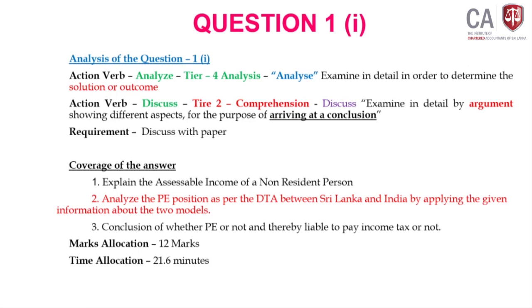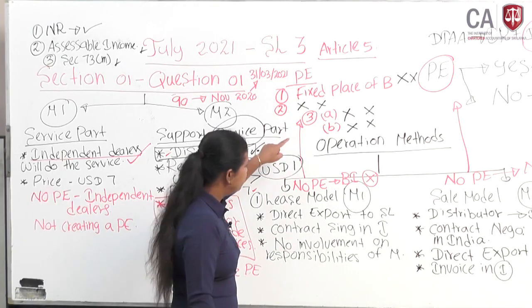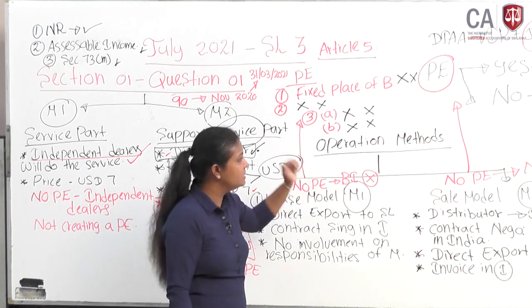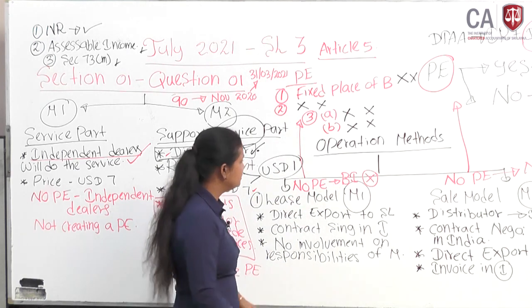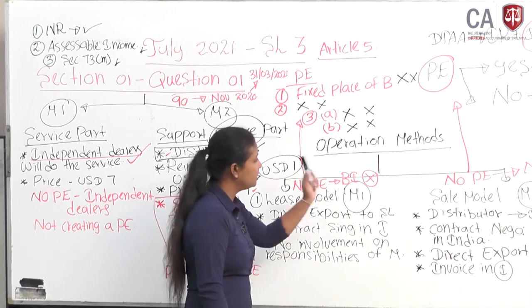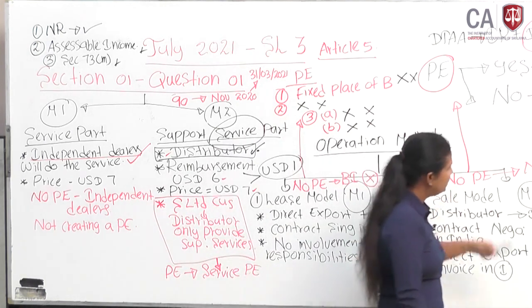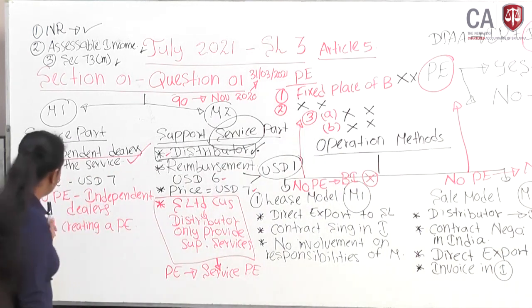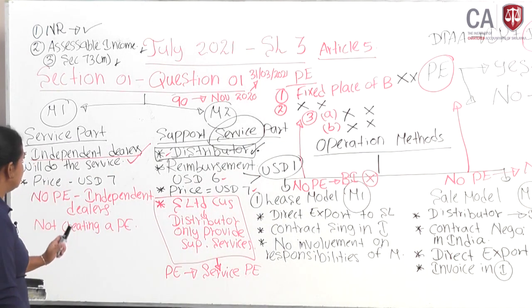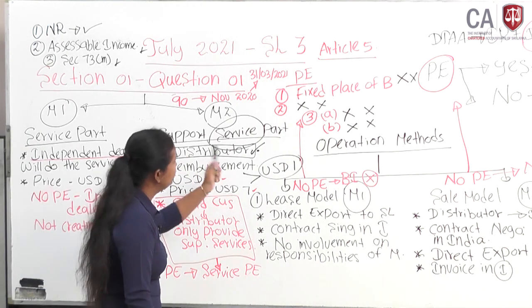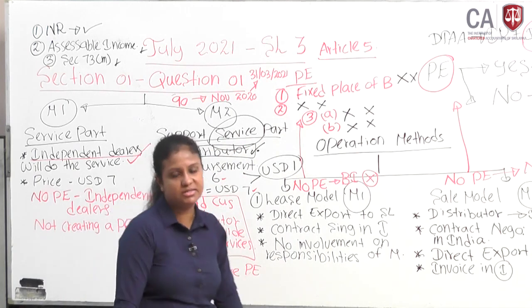First you have to say whether there is a PE or not. Secondly, the liability of income tax. That's why I have taken: no PE, no business income, no income tax. Here there is a PE, there is business income, there is income tax.